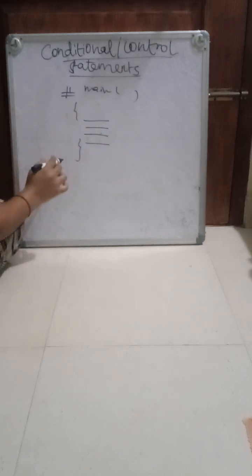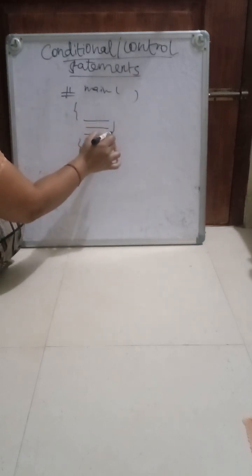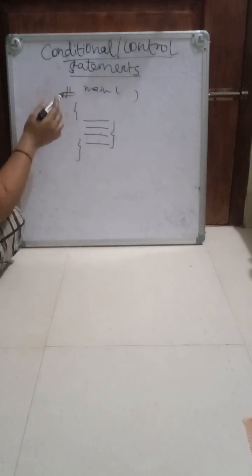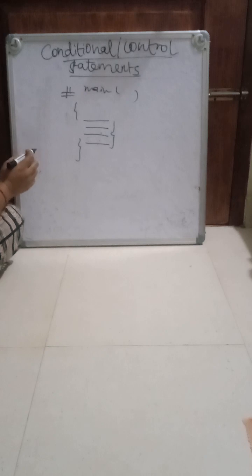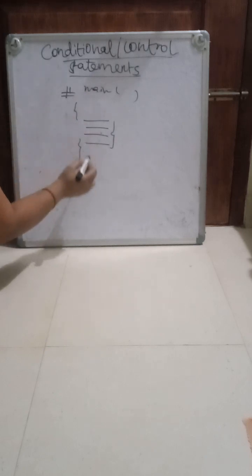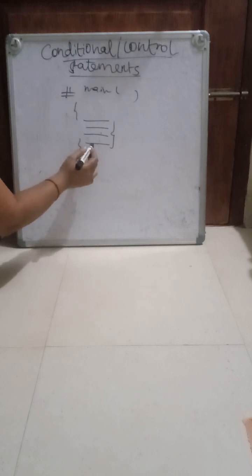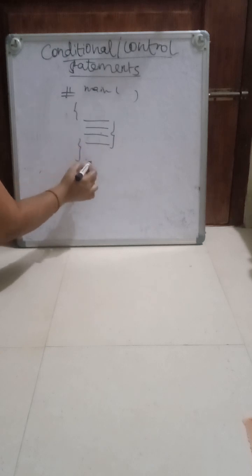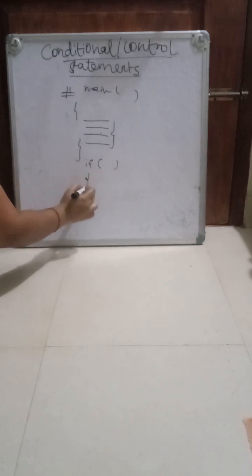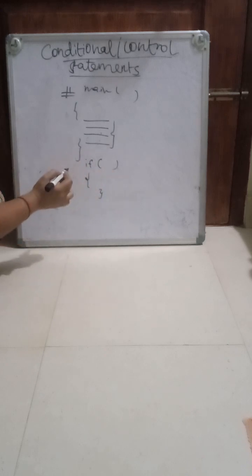Now we are going to alter the flow of execution by inserting conditions in the program. For example, here some lines are there. I want to change it so that if a certain condition is met, you execute this statement.